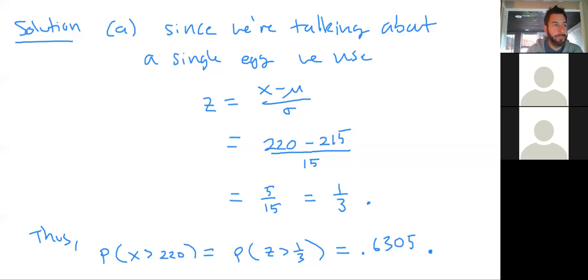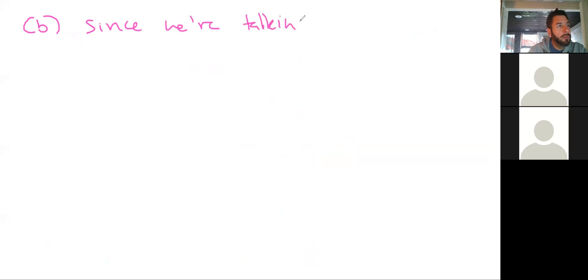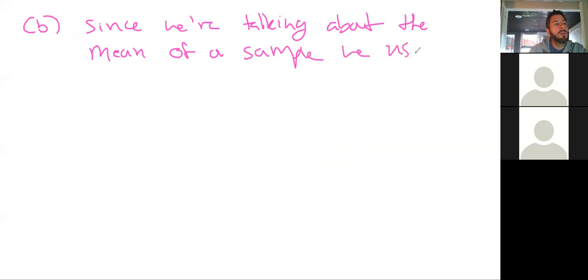That's part A. Now, part B is asking about a sample in the mean of the sample. So we're mean sampling now. So here, since we're talking about the mean of a sample, we use this formula.